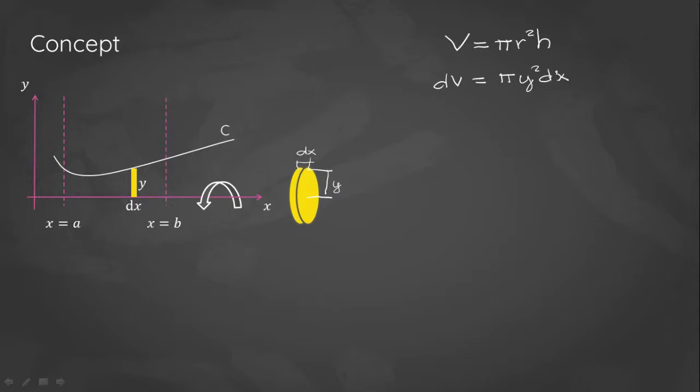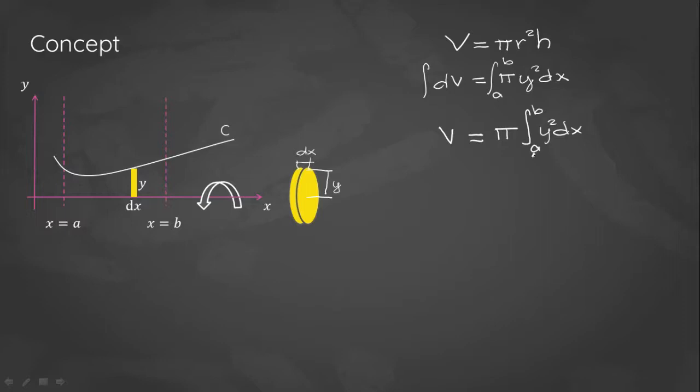Now, from the fundamental theorem, we can get the sum of all solids by integrating our differential volume, with our limits of integration bounded from a to b. So V is equal to pi, since pi here is a constant, and integrating a constant is still a constant, so therefore this is pi times the integral of y squared dx, bounded from a to b.